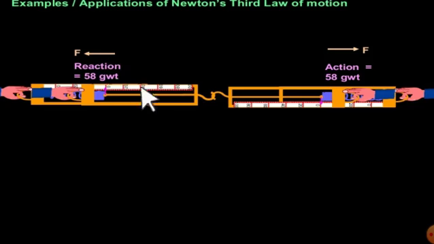If one is action, the other will be reaction. In my diagram, the right-hand side represents action and the left one represents reaction. Rather, you may take the left as action and the right-hand side as reaction.